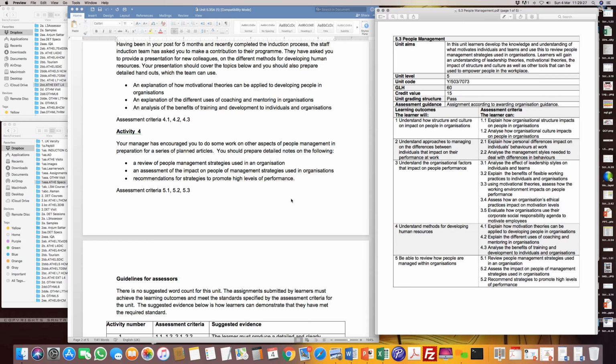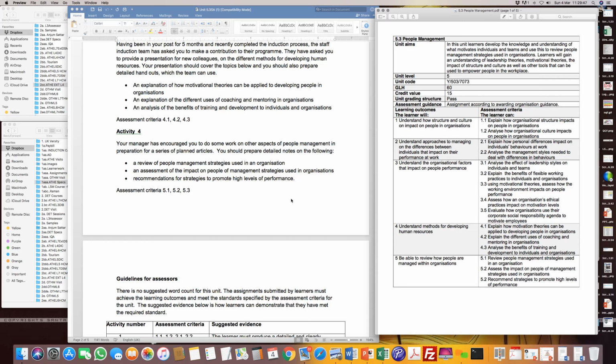Today what we've done in activity 4 is directly related to the assessment of the impact of how people management strategies are used. You could use one strategy, which is just performance appraisal, and explain how it helps achieve standards with the use of SMART goals. Okay.